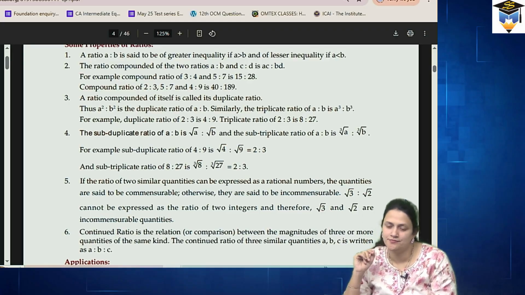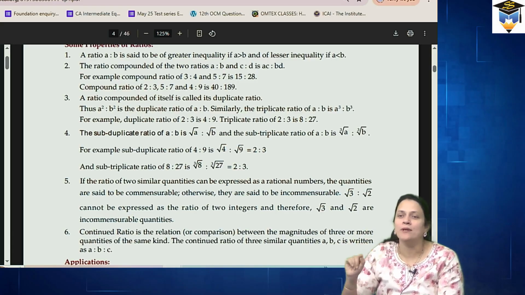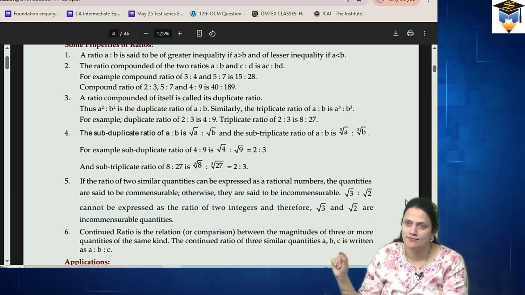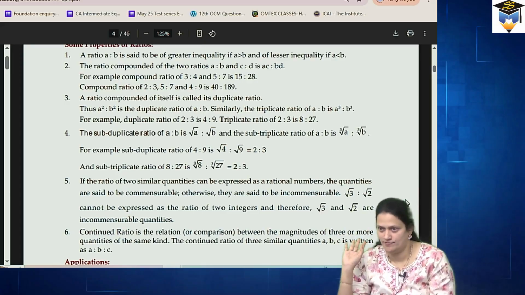Correct. So continued ratio is like A upon B is equal to B upon C. What is continued? B is continued.